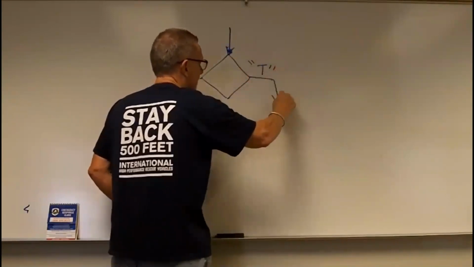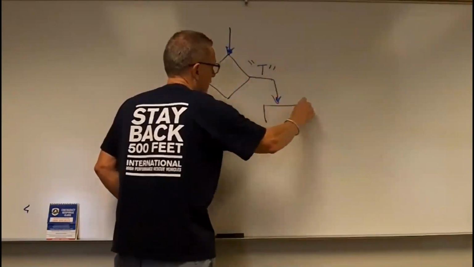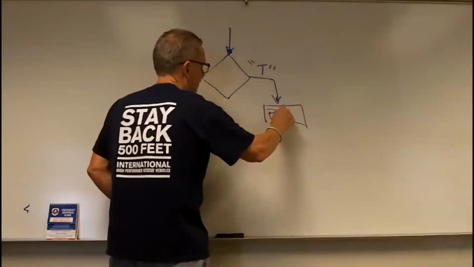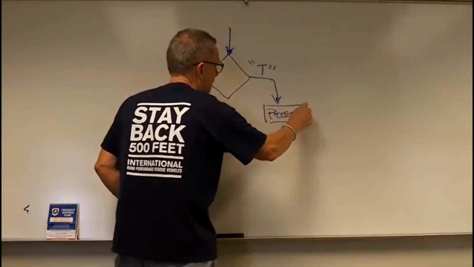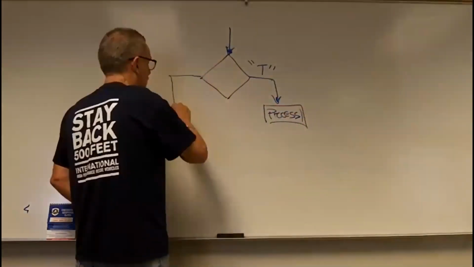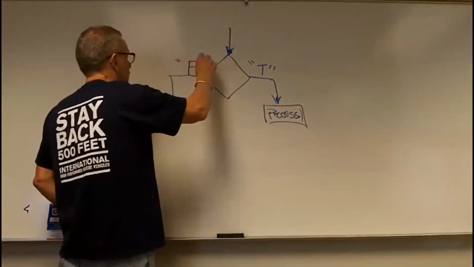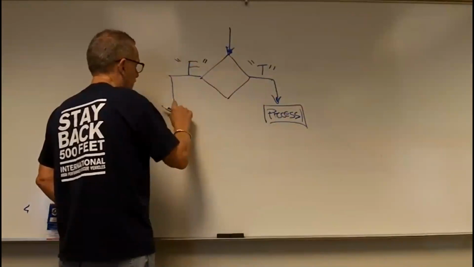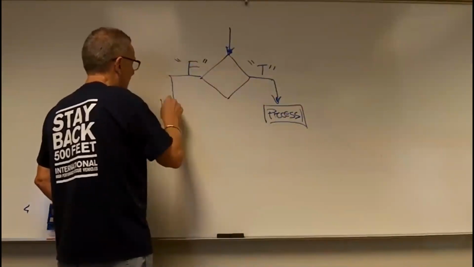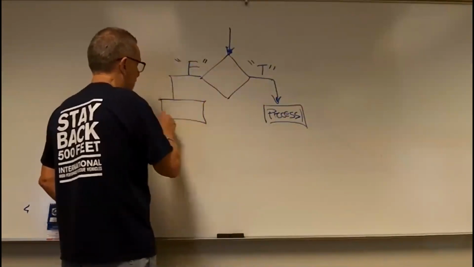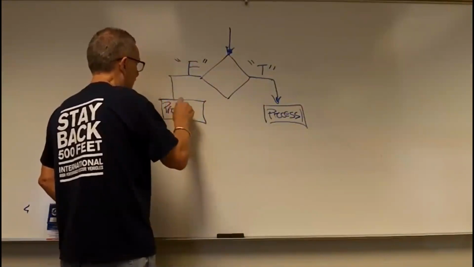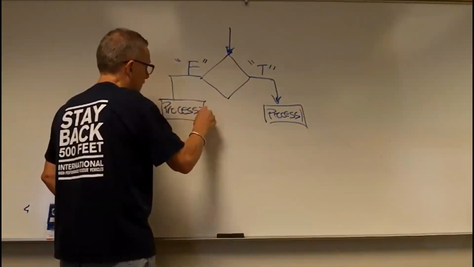In this next one, this is an else if. We have the one process on the true side, and then we're going to do the false side. The false side's also going to have a process, which means if it's false, do something else. So one side might say winner, the other side says loser.